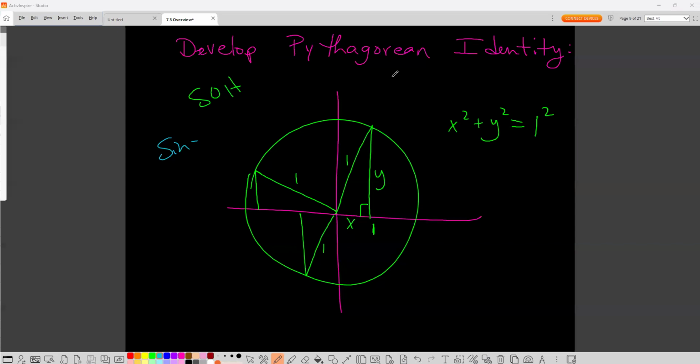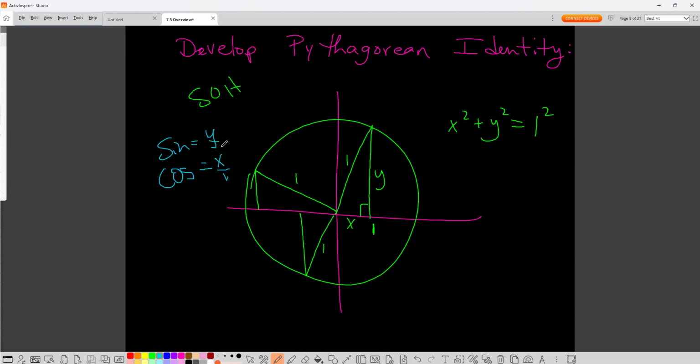So let me see if I can do this just from writing with the mouse over here. So my sine was going to be the y, and my cosine is going to be the x, adjacent over hypotenuse 1.